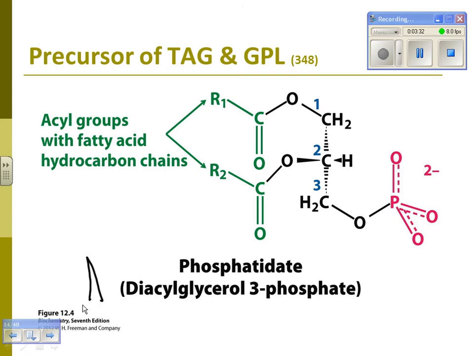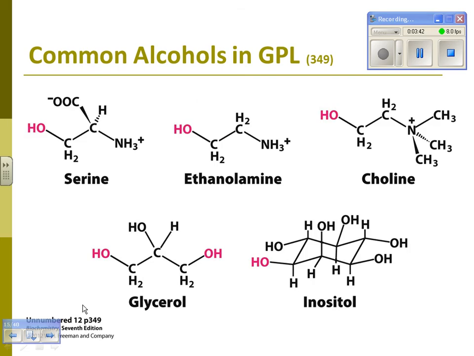This one comes up big in Biochem 2, so make a note of the structure of this one, having the 2 fatty acids plus a phosphate on the 3rd carbon. Let's see.